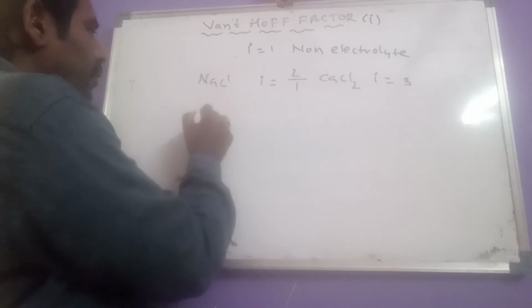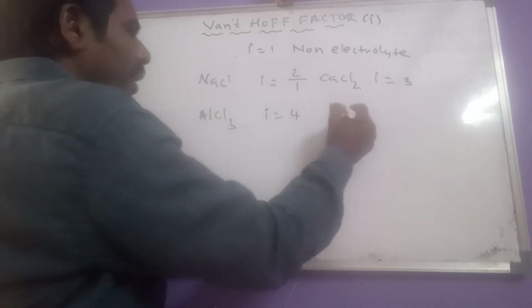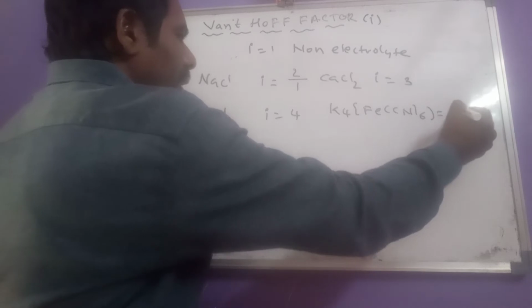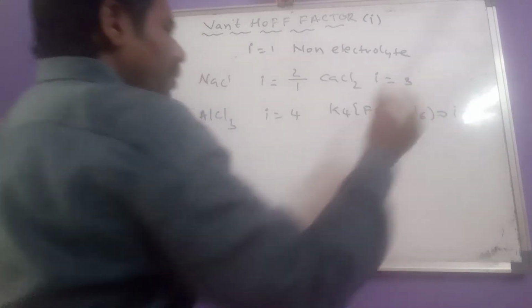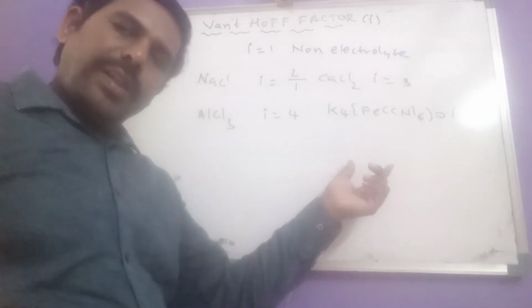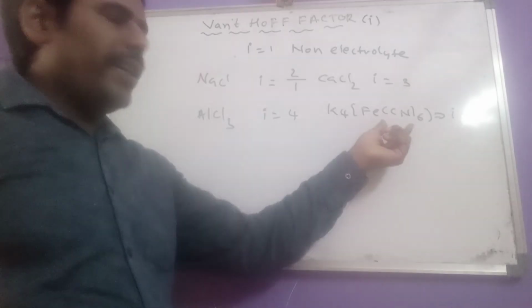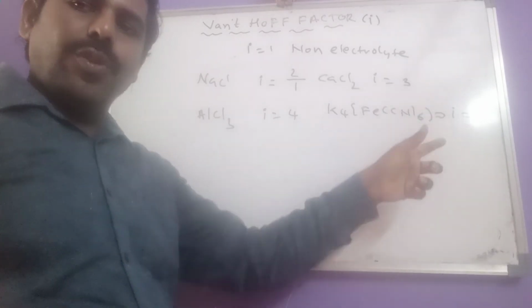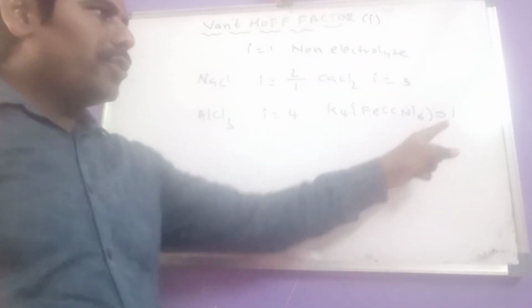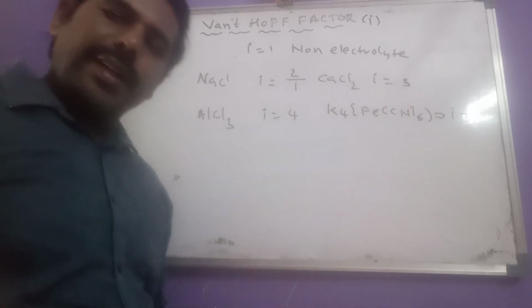For AlCl3, the i value is 4, and for K4[Fe(CN)6], the i value is 5, because on dissolution it produces 4 K plus ions and one [Fe(CN)6]4- ion. Total 5 ions. So the i value is 5 for K4[Fe(CN)6].